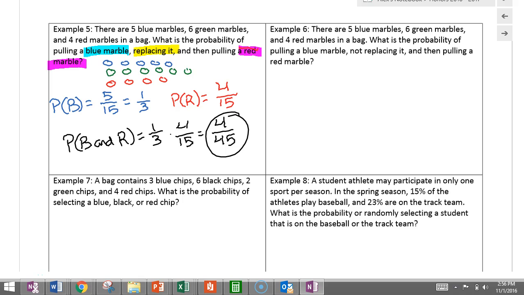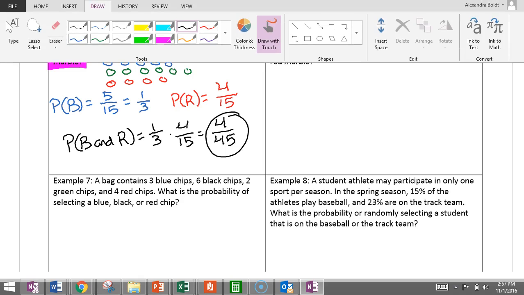So that's just basic independent probability. Looking at example 6, there are 5 blue marbles, 6 green marbles, and 4 red marbles in a bag. As you notice, this is the same amount of marbles.